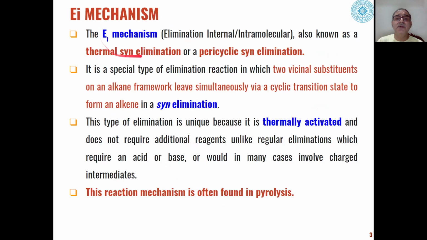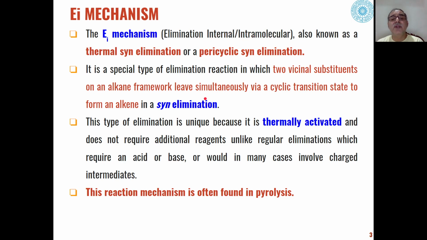The Ei elimination mechanism means elimination is taking place internally or intramolecularly. And this mechanism is also called thermal syn elimination, as I have already told you, or this is also known as pericyclic syn elimination.